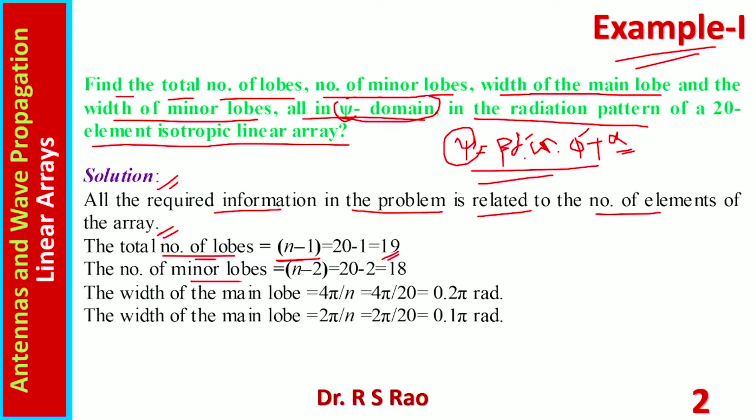Number of minor lobes is N minus 2. It becomes 18. Width of main lobe in psi domain is 4 pi by N. It turns out to be 0.2 pi radians. Width of minor lobes is 2 pi over N. In the present case, it turns out to be 0.1 pi radians.